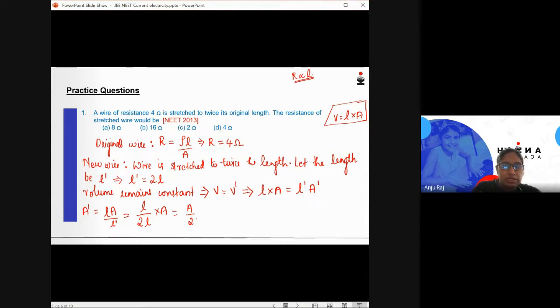Now we can find the resistance of the stretched wire. Resistance of stretched wire, I can represent it as R dash is equal to rho L dash by A dash. There is no volume change, so that will be equal to rho into L dash, which is 2L, divided by A dash.